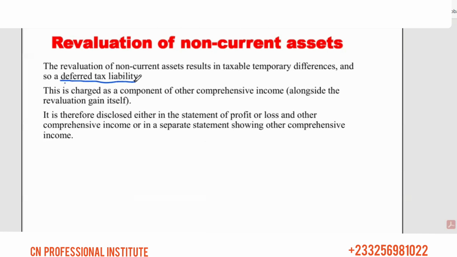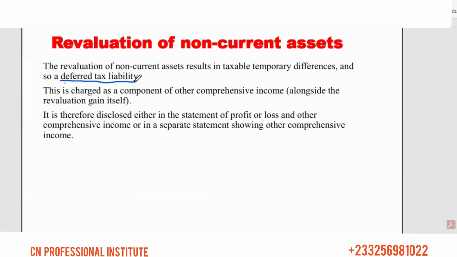On the other hand, if there's a downward revaluation, then it's likely to create a deferred tax asset. Because if you revalue your asset downward, you are reducing the carrying value, and so it's likely that the tax base will be bigger than the carrying value. And that might create a deferred tax asset. So revaluation is both ways.